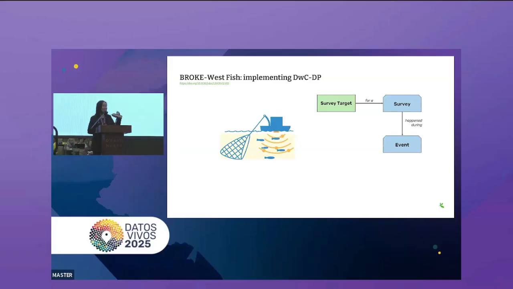So we have a survey target that includes target taxon, life stage, and body size for this routine or target pool, which happens during an event. And this sampling contains measurements such as the depth, net opening size of the net, as well as the trawl distance, speed, and sample volume. And this goes to the event assertion.